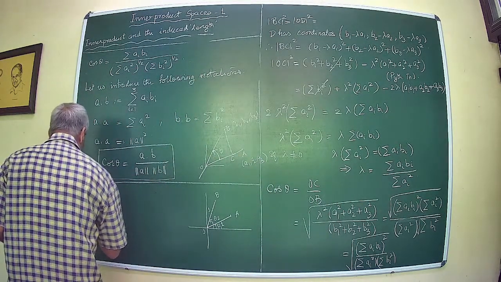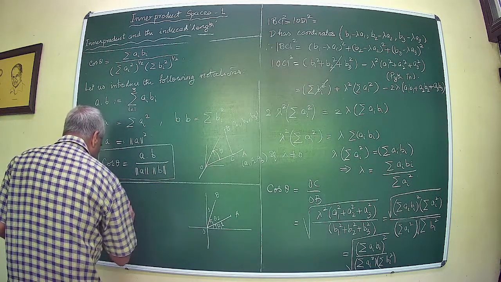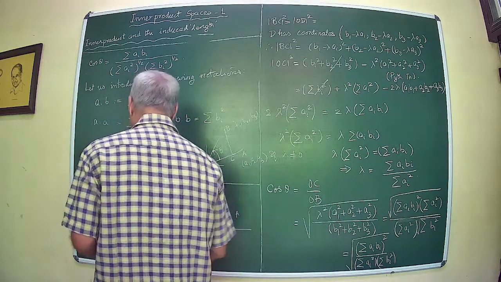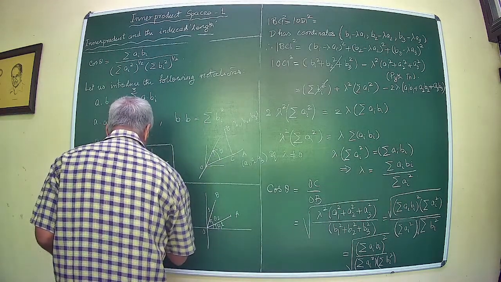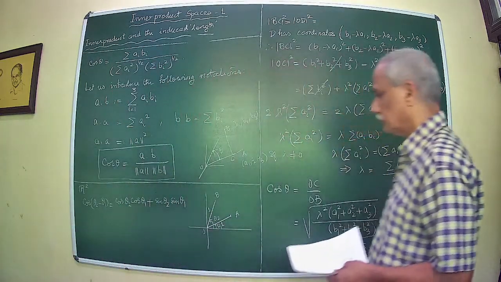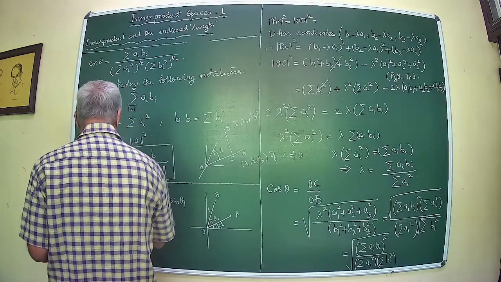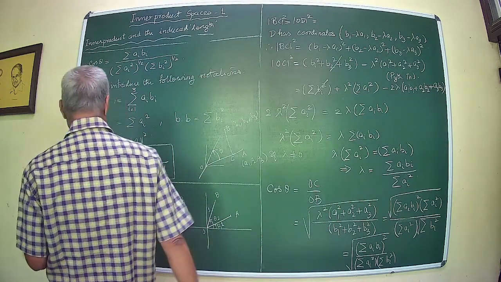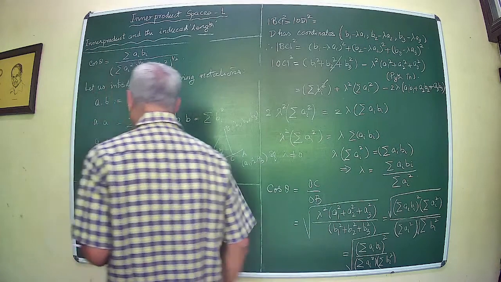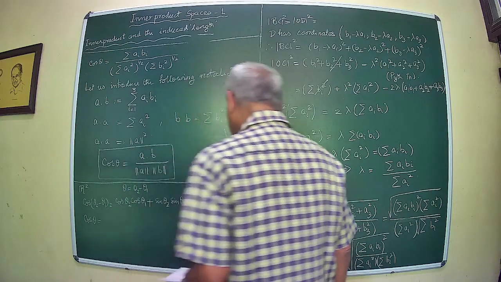Cos theta 1 minus theta 2, that is cos theta 1 cos theta 2 plus sin theta 1 sin theta 2. Well, we take theta equal to theta 1 minus theta 2, then cos theta is, what is this? Now this we can work out. What is cos theta 2?